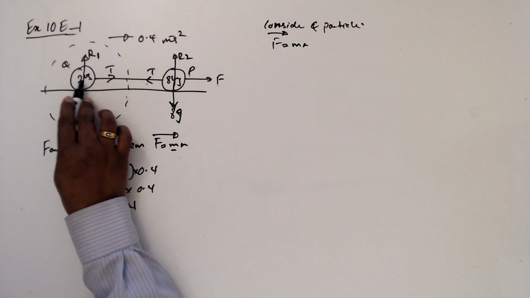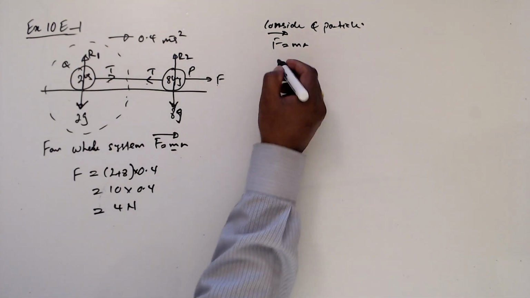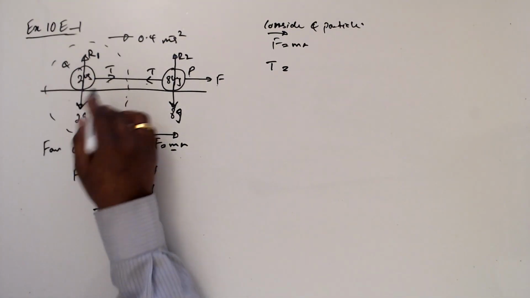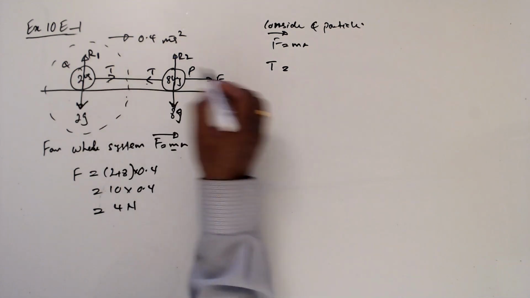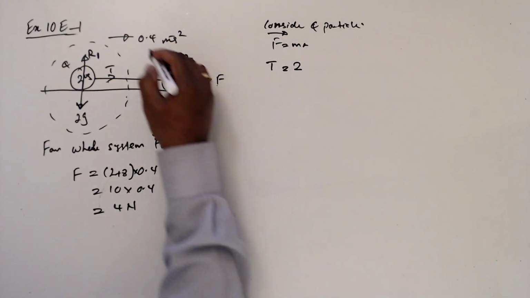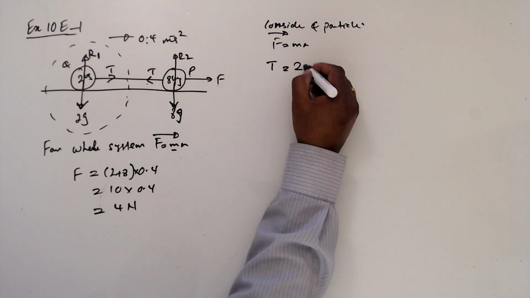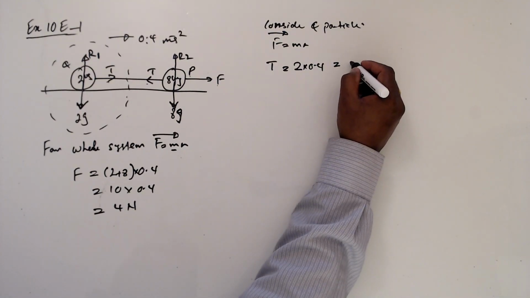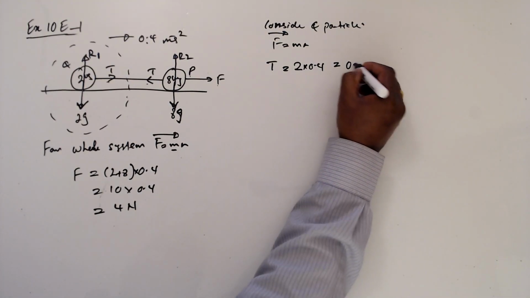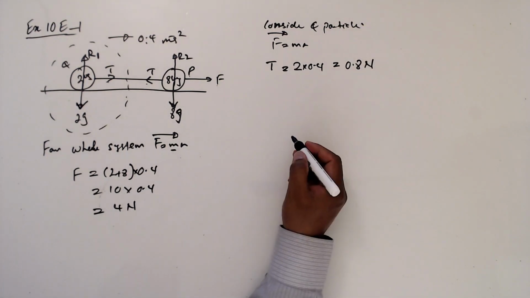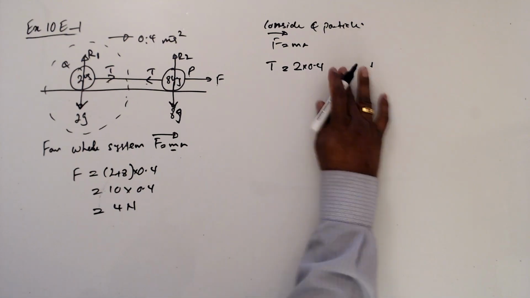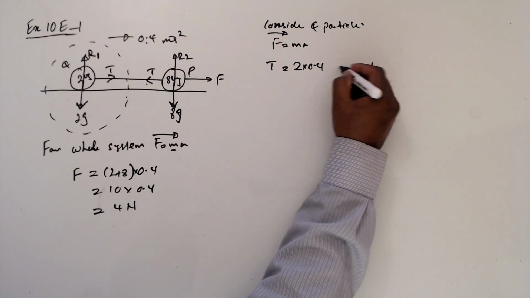So we have only right side T, and there is no other forces, and mass is 2 and it is moving with 0.4. So then this is going to be 0.8 Newton. Without solving, we'll stay with that. This is equation 1.